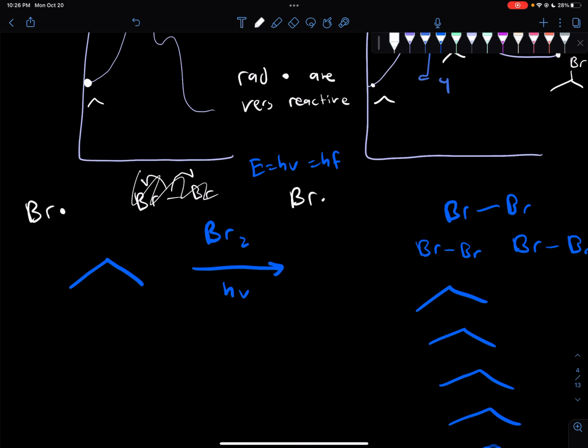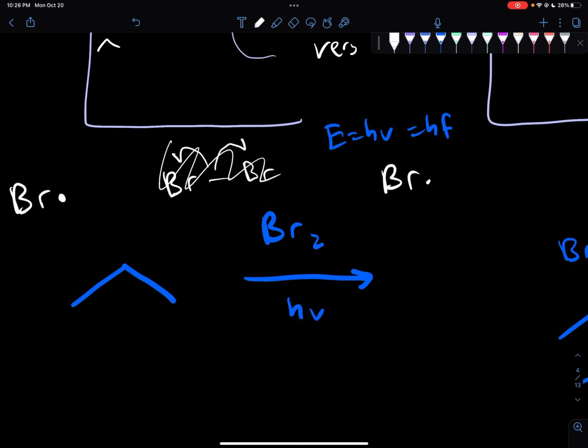So your Br radical is going to approach this carbon and see that it has a hydrogen, and it's just going to take it. So it's going to form a bond here, which means that the H is going to break its bond with the carbon.